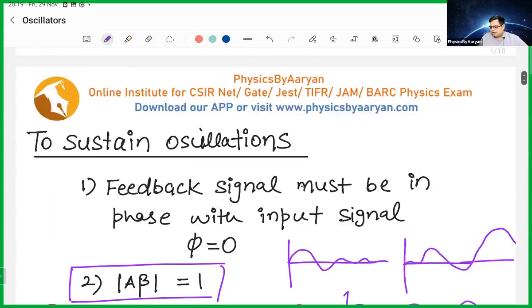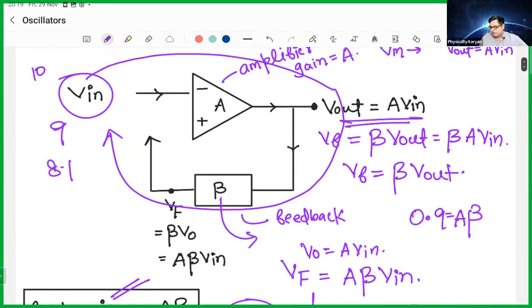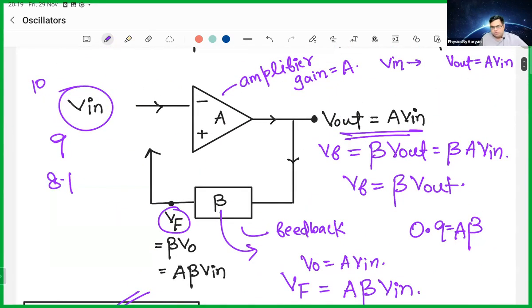The second condition is that the feedback voltage should be in phase with the input voltage. So there should be no phase difference between feedback voltage and input voltage. For example, let's say this is 10 volt and this is also 10 volt, because A beta should be 1. But let's say there is a phase difference.